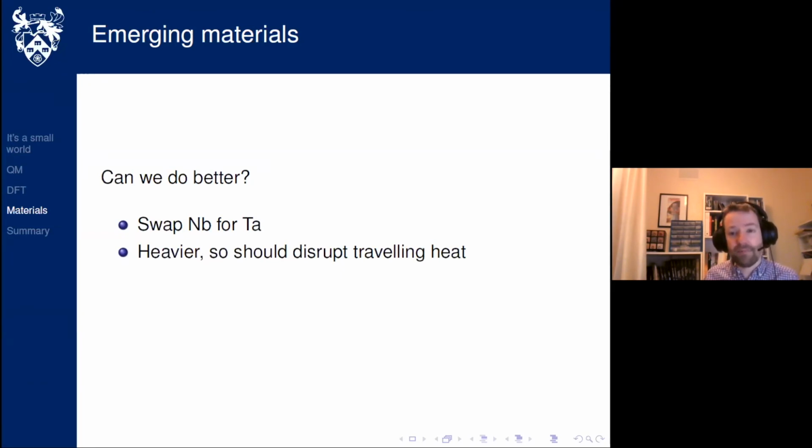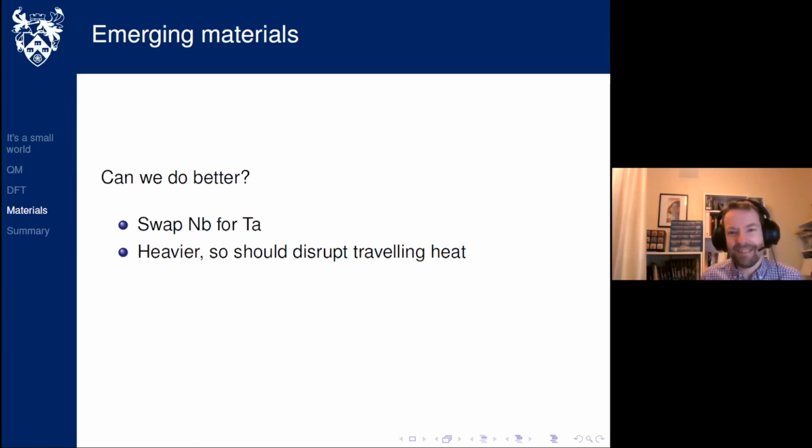But tantalum is heavier, and it's heavier than the iron, for example. And whenever you have a difference in how heavy atoms are, there is the possibility that that difference will cause vibrations which are carrying heat and moving through the material to be scattered more. So in other words, by choosing a heavier element, it disrupts the heat traveling through the material, that will reduce the thermal conductivity and will drive up our figure of merit.